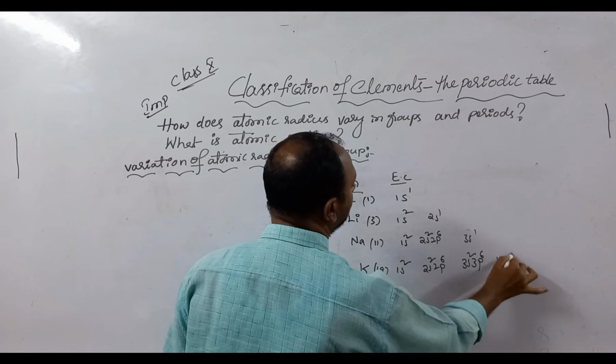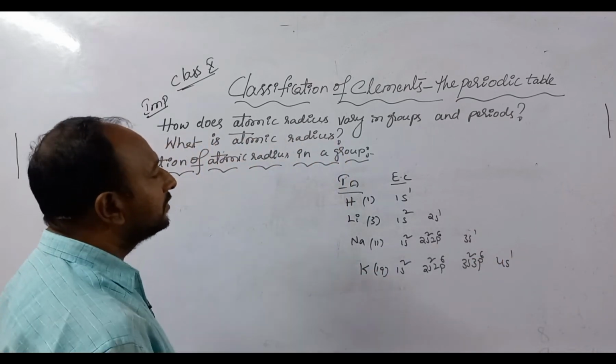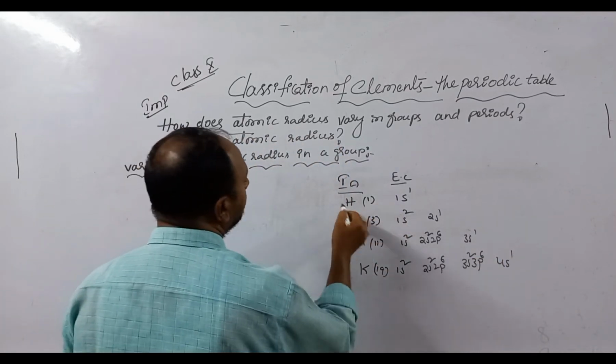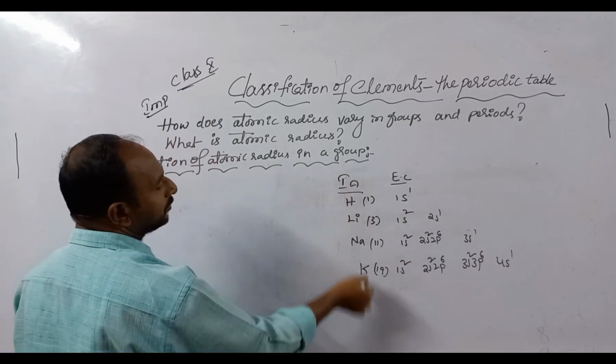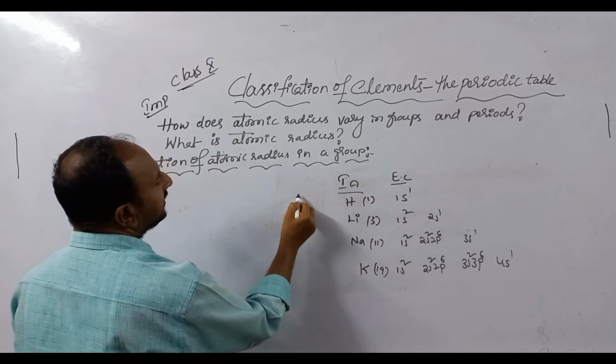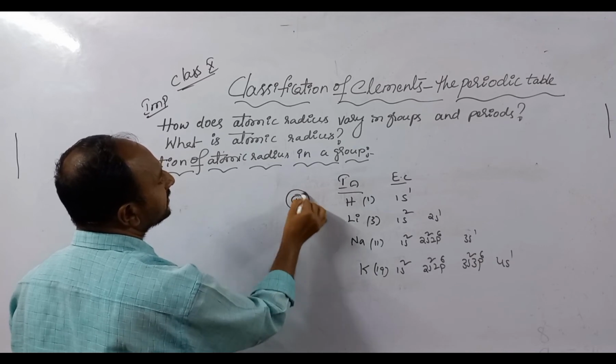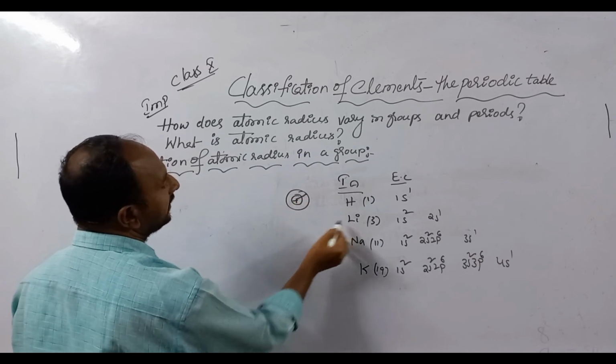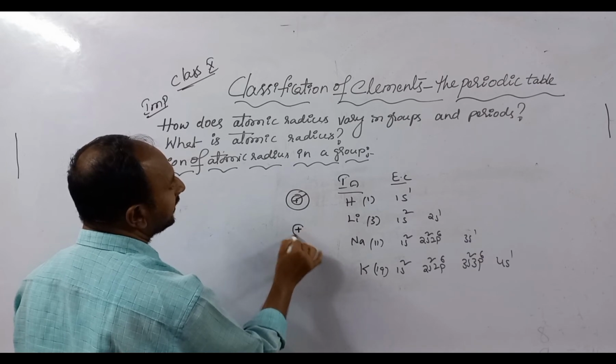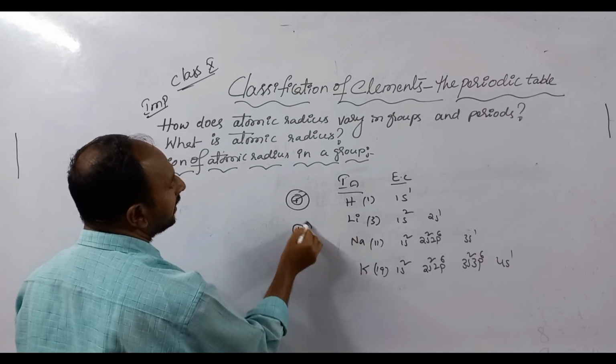3p6, 4s1. So now you can see, in group 1A from top to bottom, this is the nucleus of hydrogen and its first shell, and this is its size. In the second one, lithium, this is the nucleus of lithium and its first shell.